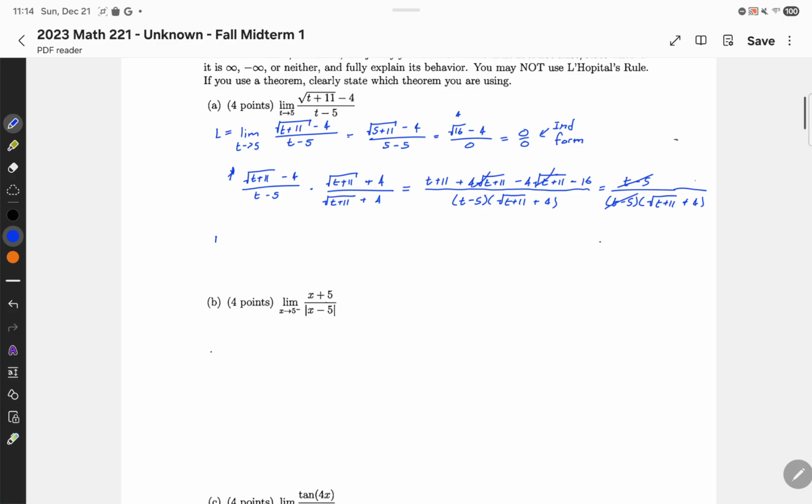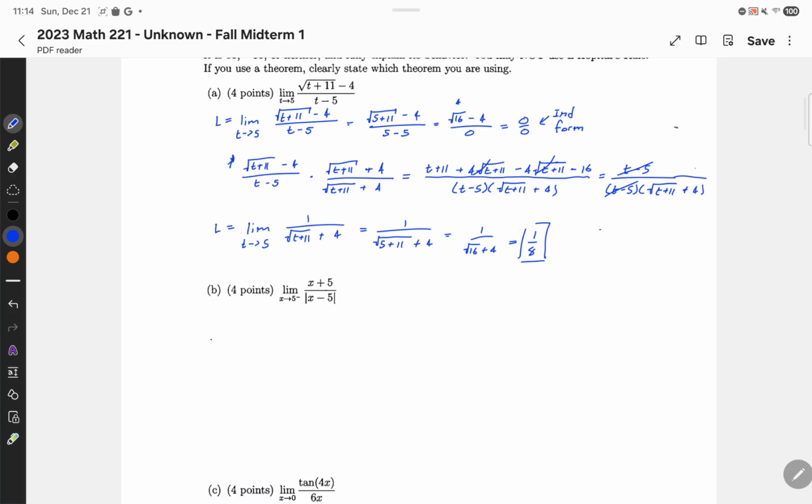So now let's substitute that back into our limit L. L is equal to the limit as t approaches 5 of 1 over square root t plus 11 plus 4. Now let's substitute 5 in here. We get 1 over the square root of 5 plus 11 plus 4, which is 1 over square root 16 plus 4, which is just going to be 1 over 8. And that's our final answer.